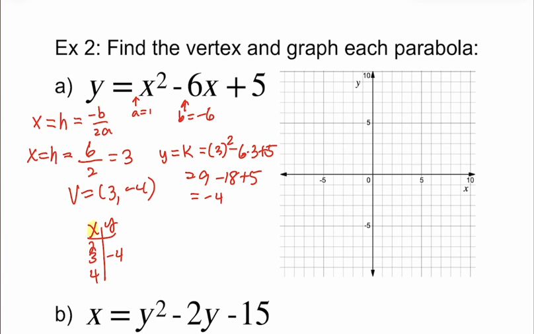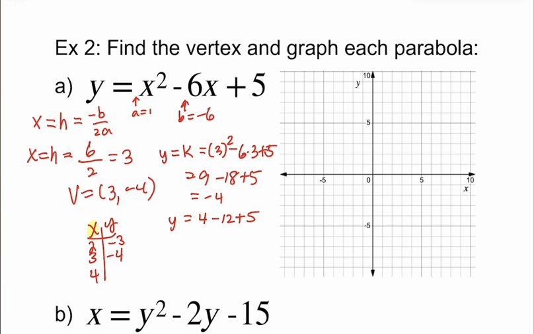Okay. So let's plug in 2. I get 2 squared minus 6 times 2 plus 5. 4 minus 12 is negative 8, plus 5 is negative 3. Now I should expect when I plug in 4, I should get the same value of negative 3.